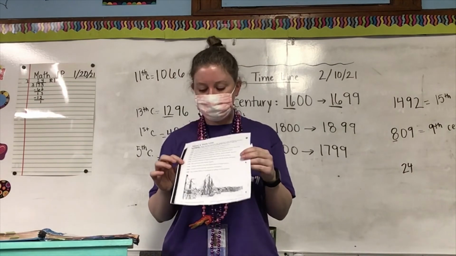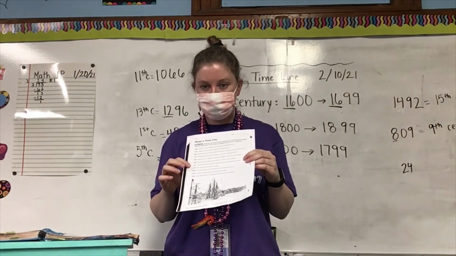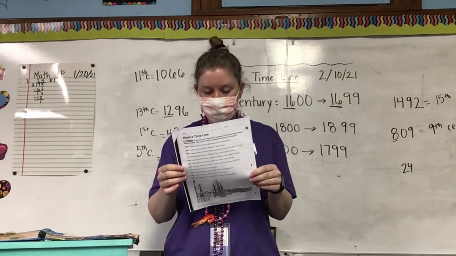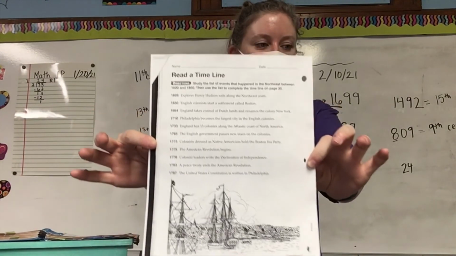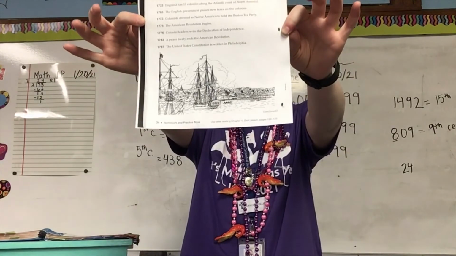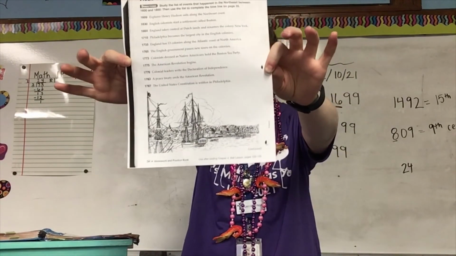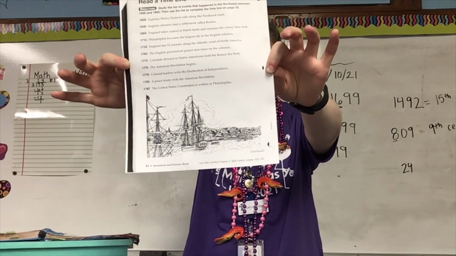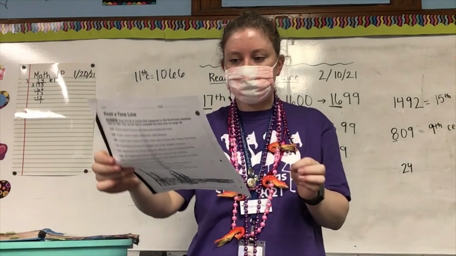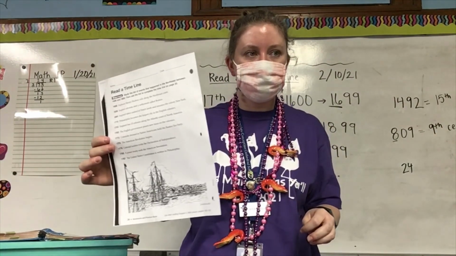They did 1775 for us. The American Revolution began. So which one can you go ahead and cross out because you don't have to figure out where it goes? Who can help her out?